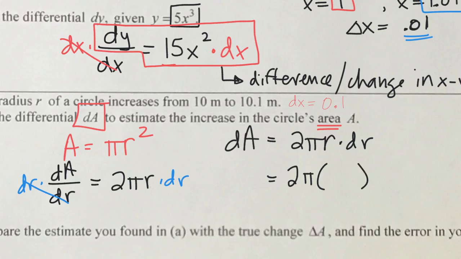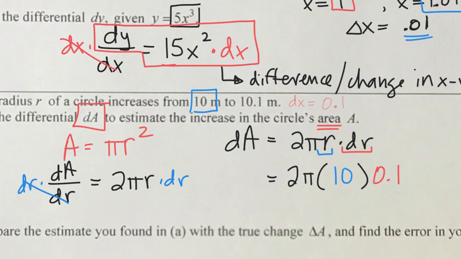What was our radius to begin with? To begin with, it was 10. So 10 goes in there for your radius. But what is your change in radius? 0.1. Okay. So the radius is what the original was. This is the original radius. And the delta r, or the dr, is your change in your radius.